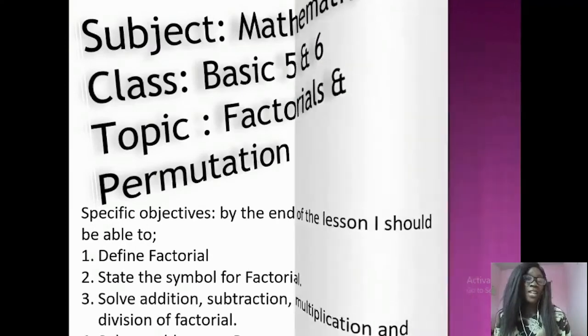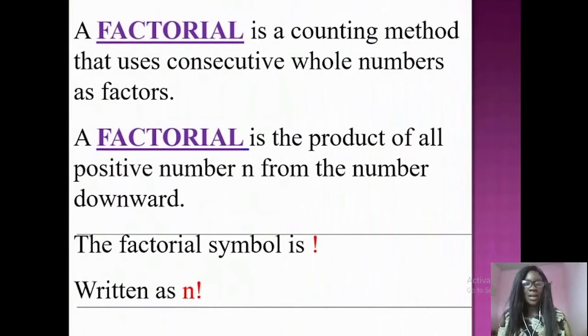So what is factorial? Now, just calm yourself down. A factorial is a counting method that uses consecutive whole numbers as factors. Now, what do I mean by that? Let's move to the other explanation. The other definition says a factorial is the product of all positive numbers.